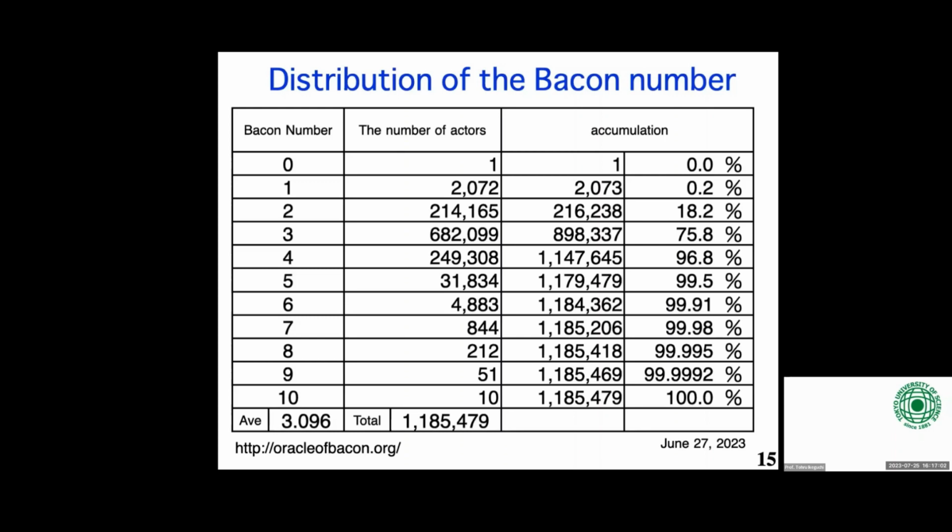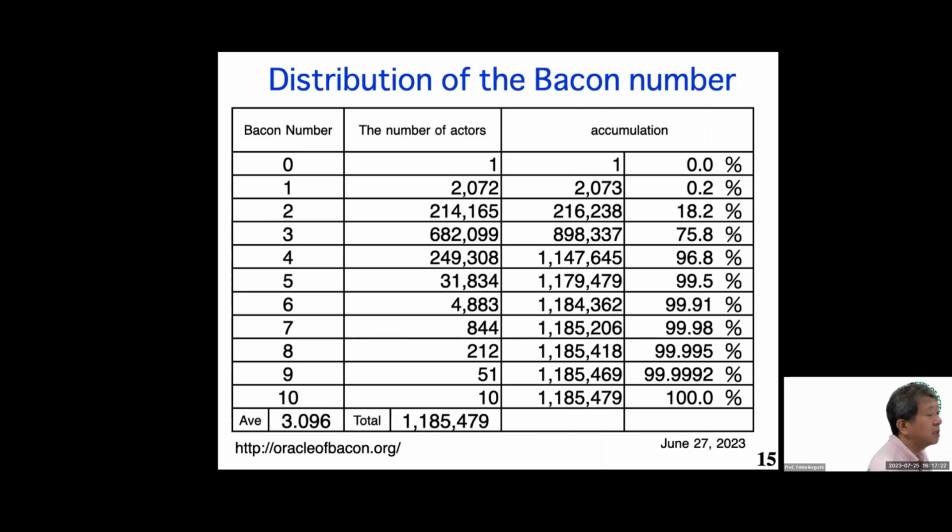The third column shows the cumulative frequency. First, Kevin Bacon number 0 is Kevin Bacon himself. So Kevin Bacon's Bacon number is 0. Then the corresponding number of actors is 1.